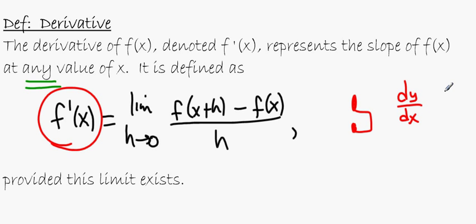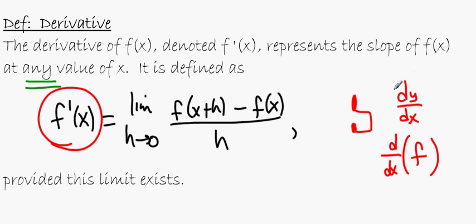This should make us think about delta y over delta x without actually thinking about delta y over delta x. Sometimes we write the derivative with respect to x of a particular function. Instead of talking about f prime, we talk about the derivative of f with respect to x.